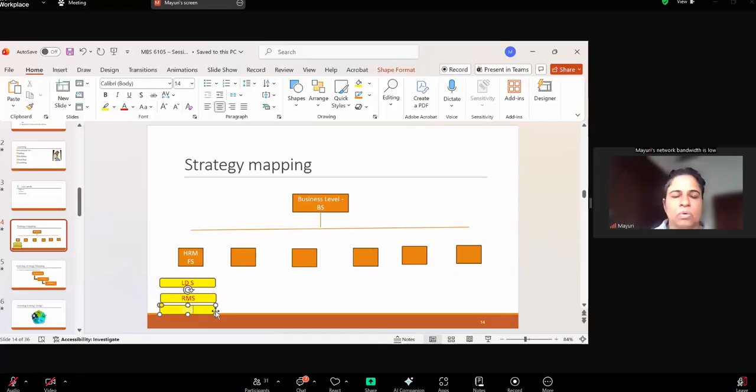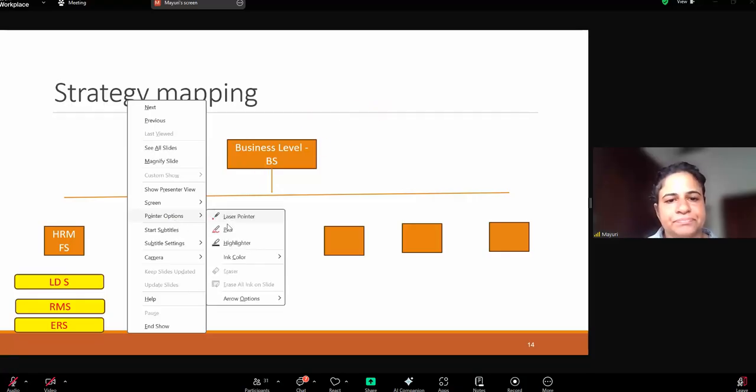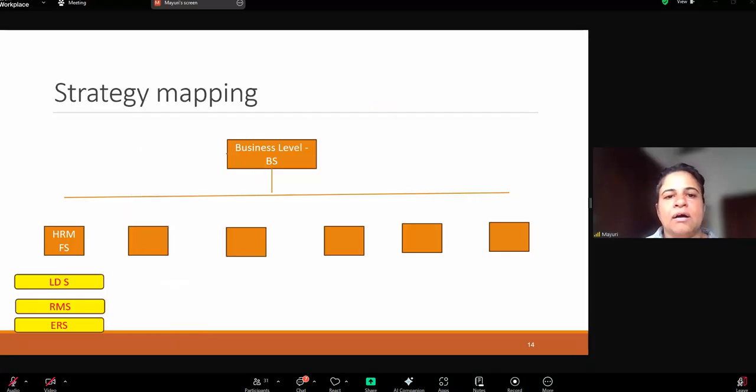Now, what I told was we have to make sure that these three levels fit and link with each other. Business strategy has to cascade down to HR strategy, and the HR strategy has to cascade down to learning strategy, reward management strategy, ER strategy, like that.